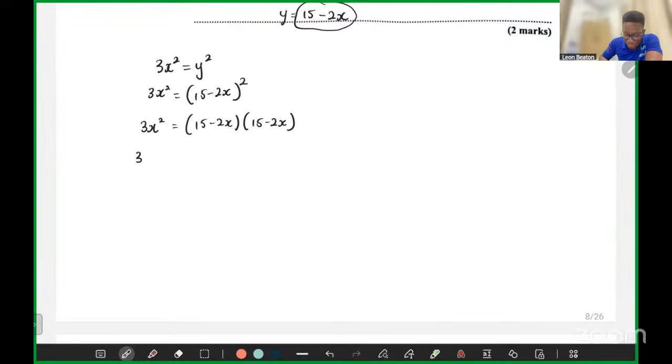Remember to put back the 3x squared. We take the first term in the first bracket, which is 15, multiplied by everything in the second bracket, 15 minus 2x. And we take the second term, minus 2x, multiplied by everything in the second bracket, 15 minus 2x. And then we work it out and simplify it.